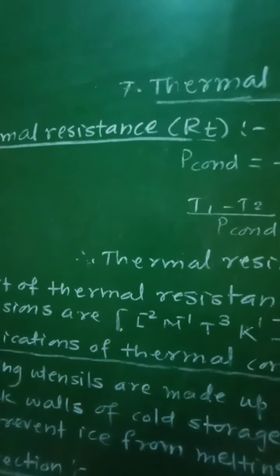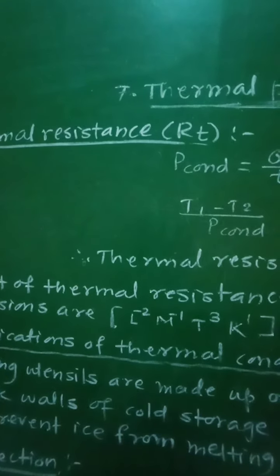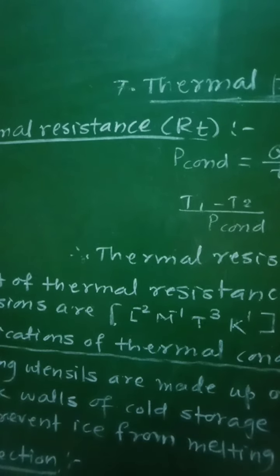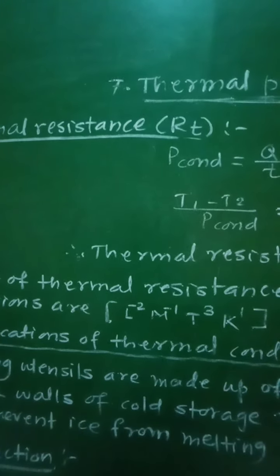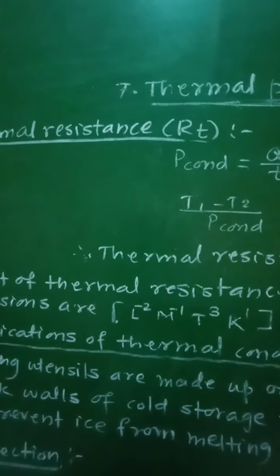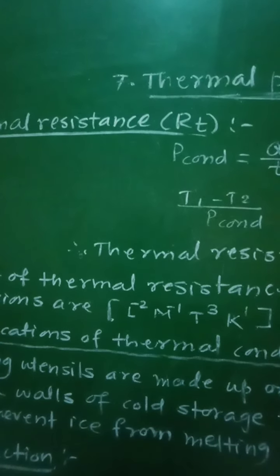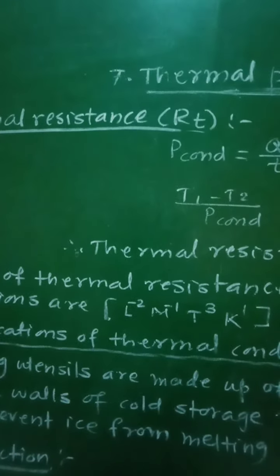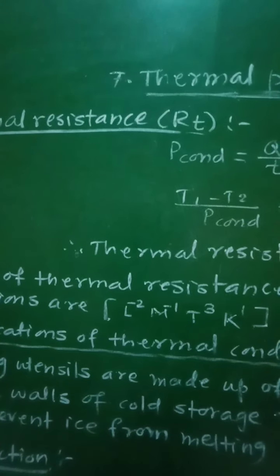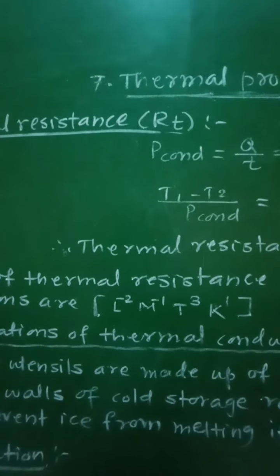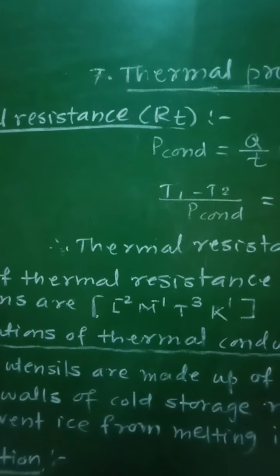We know that the conduction rate P conduction is the amount of heat transferred per unit time through a slab of area A and thickness X, the two sides of that slab being at temperatures T1 and T2 such that T1 is greater than T2.